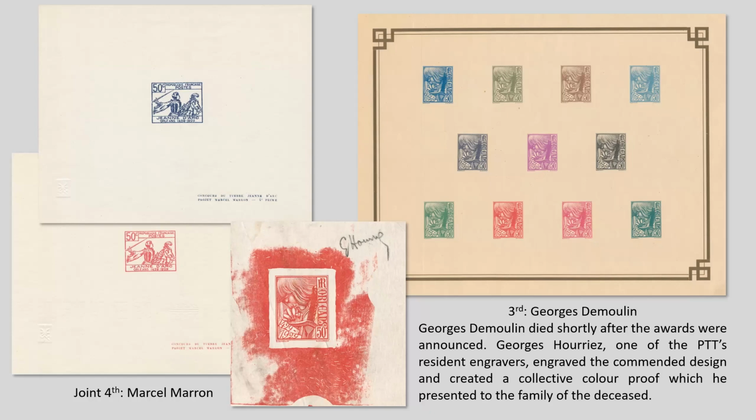But Georges Desmoulins, the son who did this design, died shortly after the awards were announced. And so as a tribute, Georges Aurier, one of the printing works' resident engravers, engraved the design in the form of a collective colour proof, which he presented to the grieving father, Louis Desmoulins, in memory of his late son.